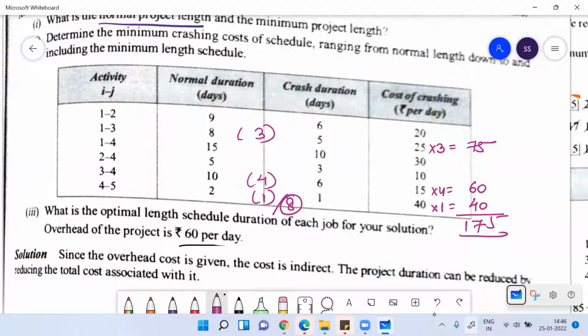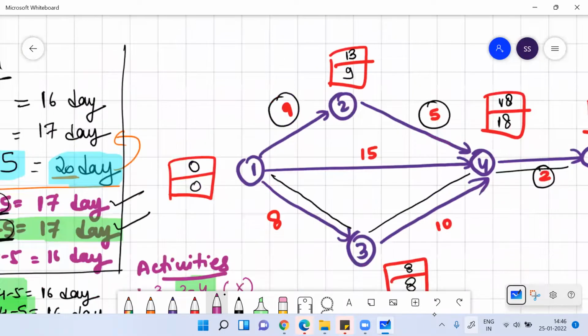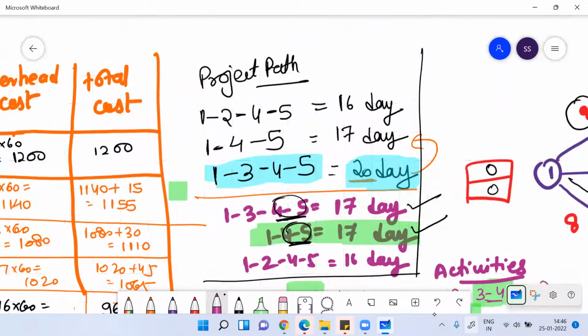But when you are actually doing the crashing, you knew that the other activity like 1 4 5, its duration was 17 days, this duration was 16 days. So till 17 days there's no problem, you can minimize 1 3 4 5.